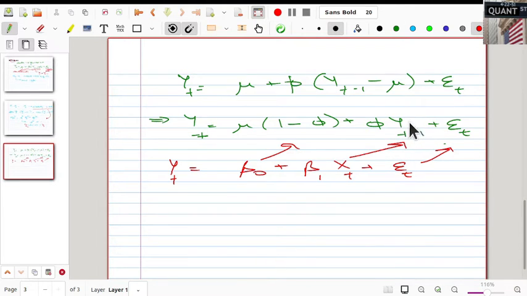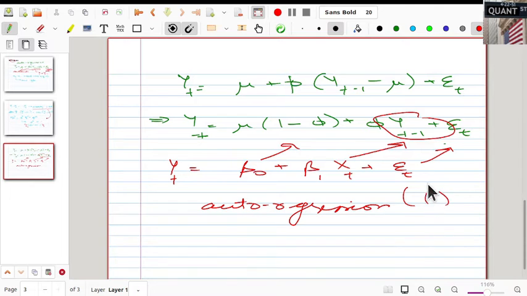In a way, yt is regressing on its own past value, yt minus 1, and that's why we use the term autoregression. And 1 signifies that we are just looking one time period back, and that's why it's AR1.